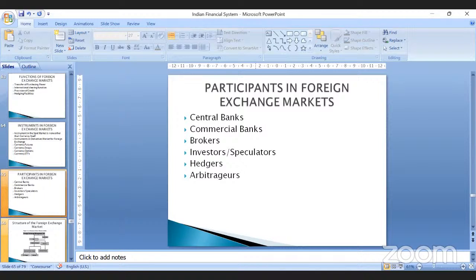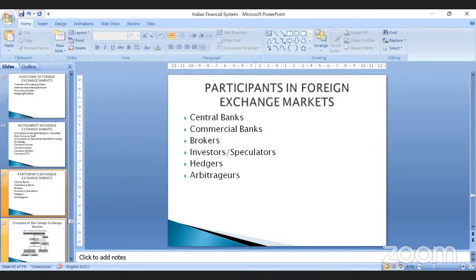They play a very important role as they are the institutions which possess the reserves of foreign exchange. They regulate the foreign exchange rates of a country's currency to ensure fluctuations are within limits, and they keep control on the money supply in the market.